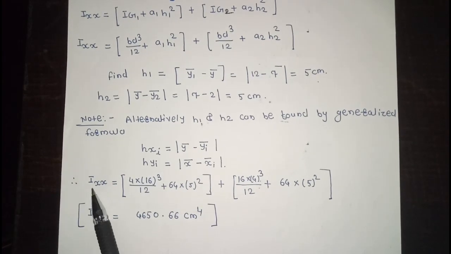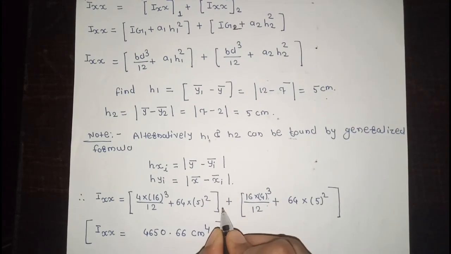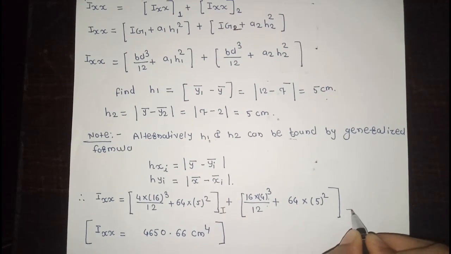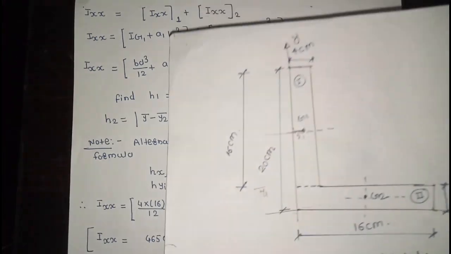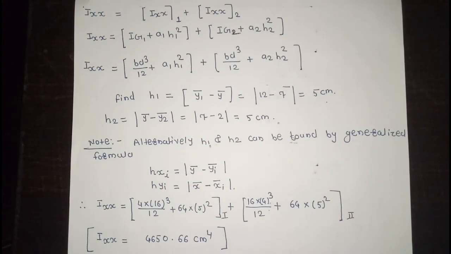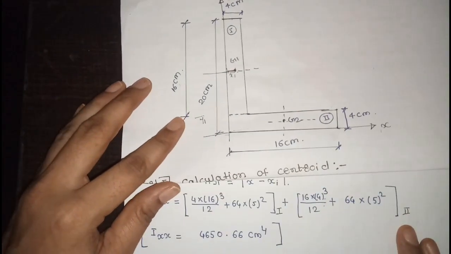So therefore Ixx is equal to bd cubed by 12. Put the values. What is the value of b? 4. This is the first section and this is the second section. Put the values.